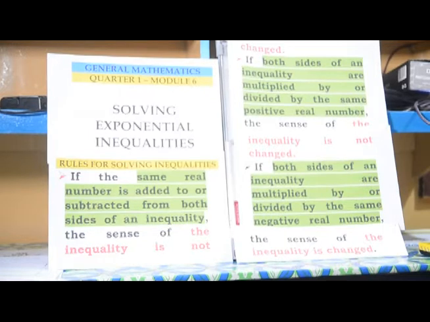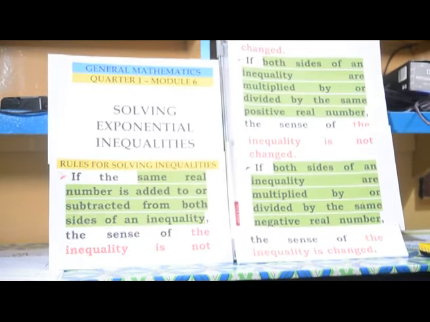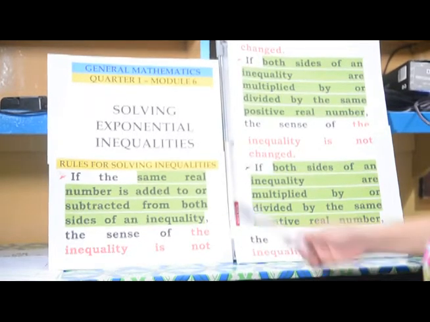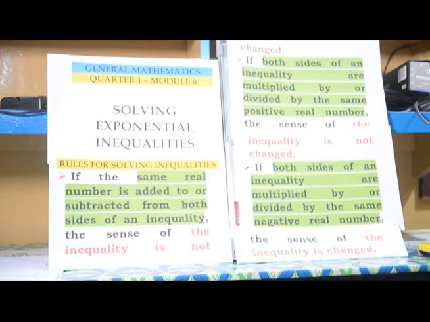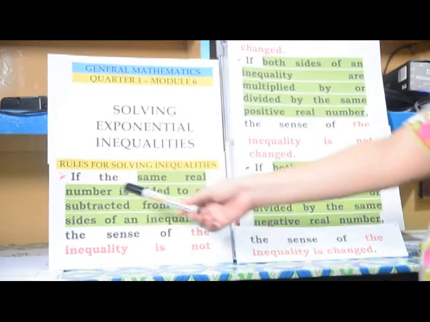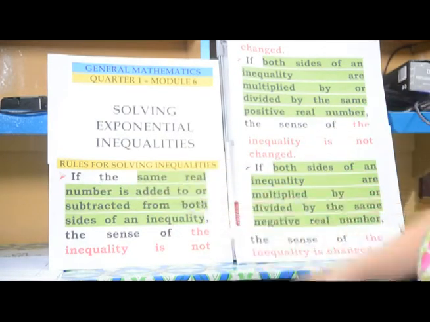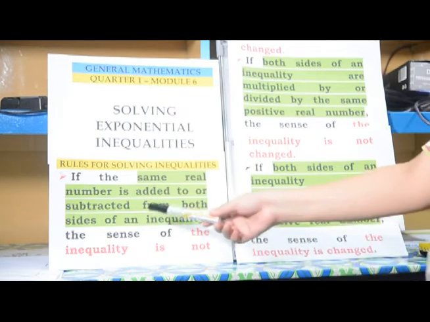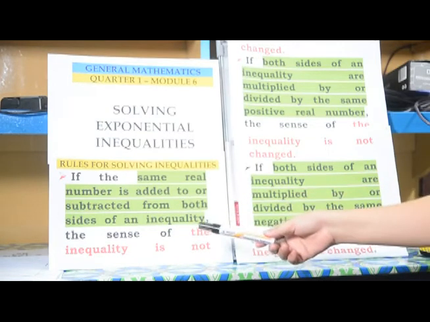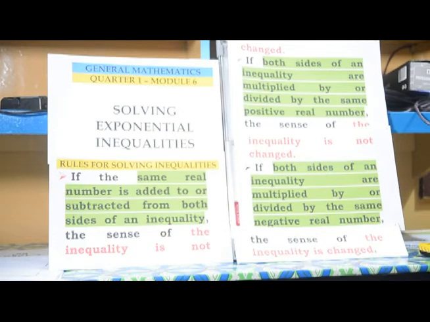There are just 3 rules we need to apply. This is a long way in solving for the inequality. First, actually, I highlighted the very important ideas. If the same real number is added to or subtracted from both sides of an inequality, the sense of the inequality is not changed. So it will just simply remain.